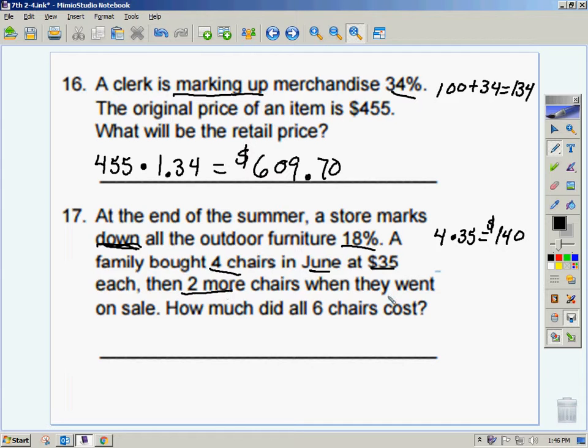They bought 2 more when they went on sale. So I've got to figure out what the sale price was. I take that 100%, I take 18% off, and I find out that they're going to pay 82% of that price. So I take 35 times 0.82.